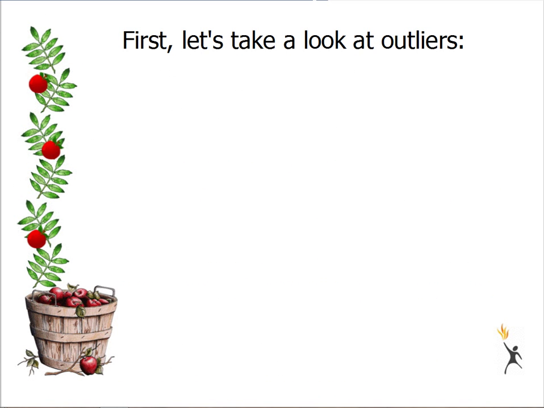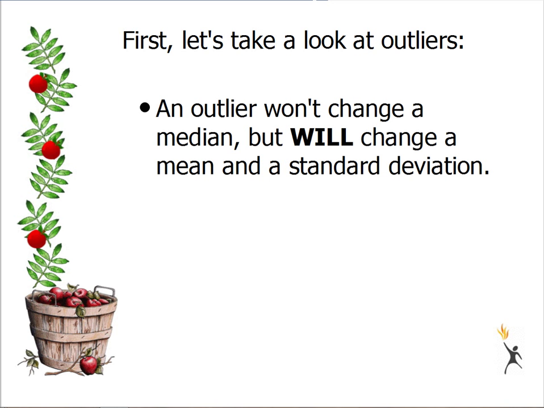So first, let's take a look at just the outliers. Remember that an outlier won't change a median, right? The middle number is still going to be the middle number, but it will change a mean and a standard deviation. Remember we talked about in normal distribution, the mean and the median are the same, or at least have to be super extremely close to each other.